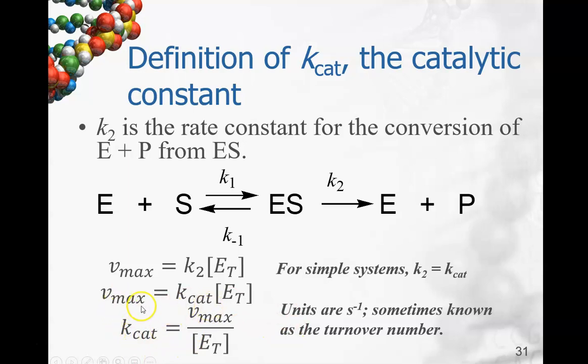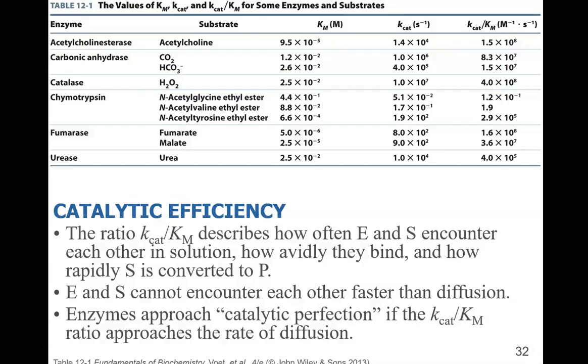Kcat is Vmax over ET, and you could express Vmax in terms of, say, molarity per second, and the enzyme concentration in molarity, and what you get for Kcat is a number divided by second. So that's sometimes known as the turnover number. If you had, say, 100 per second, that would tell you how many cycles the enzyme is converting substrate to product in 1 second.